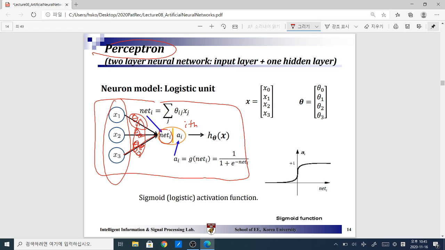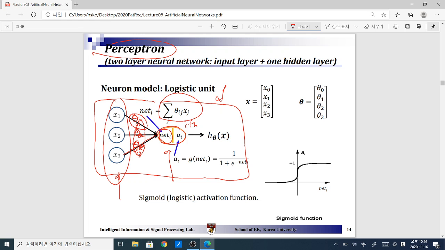Okay, so this is the perceptron with just an input layer and one single neuron, where this single neuron, as I said before, performs two different tasks.